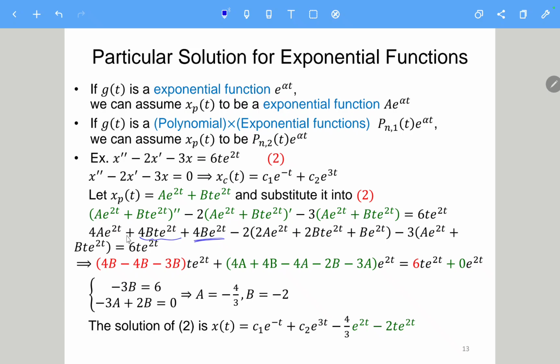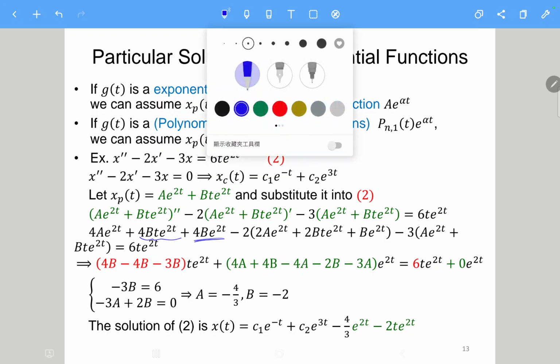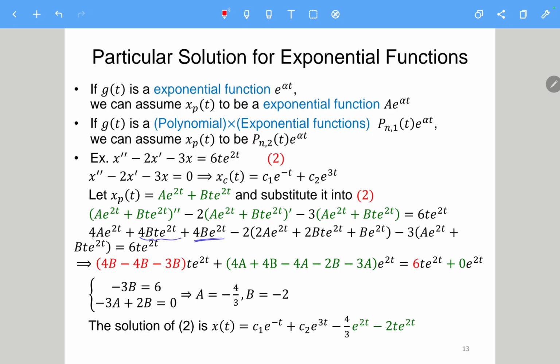And then similarly, we collect the similar terms. Before doing that, we can have some cancellation because here we have 4a exponential 2t, and this is also 4a exponential 2t, so this one and this one cancel.